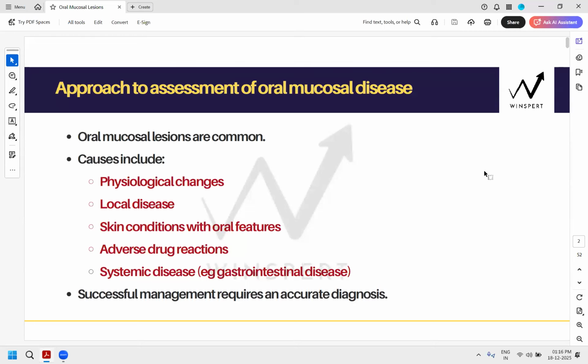If you know the basic causes, then your diagnosis will become more accurate. And that is why the successful management will follow. If your diagnosis is not accurate, then your management cannot be successful.